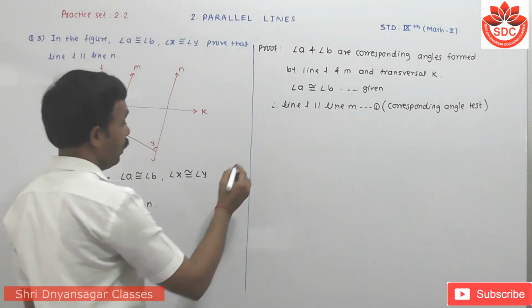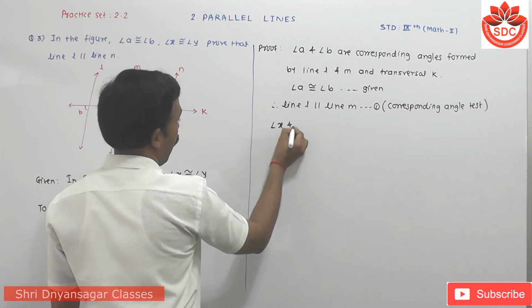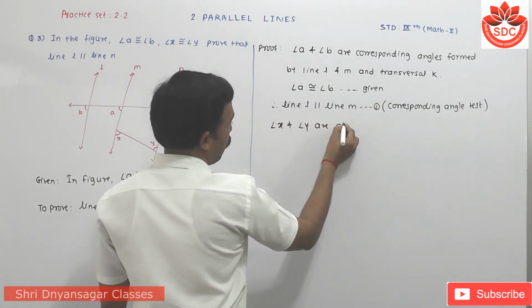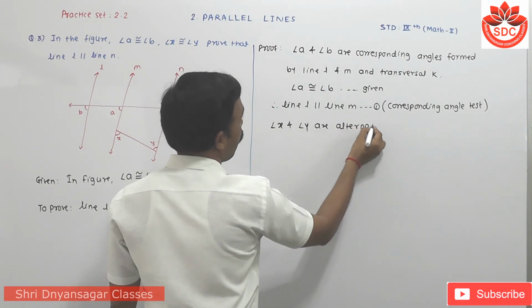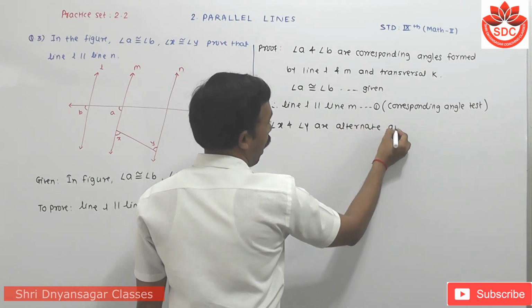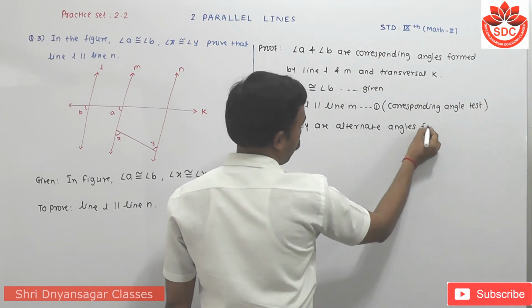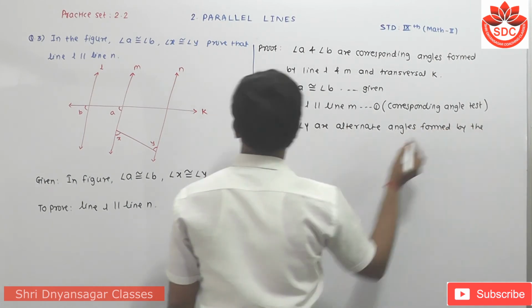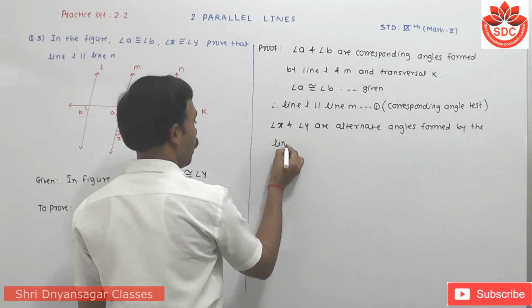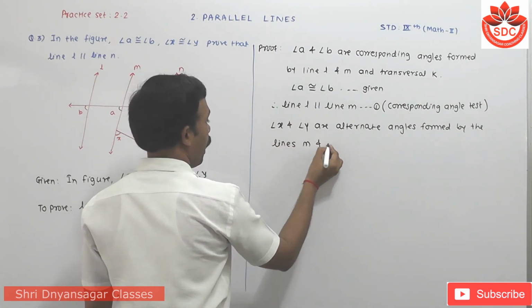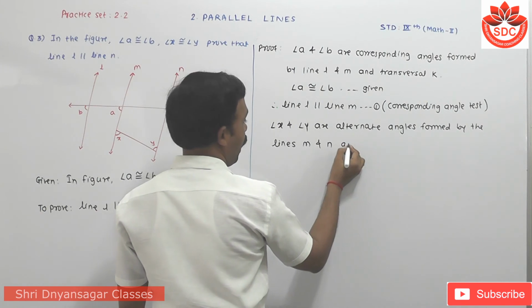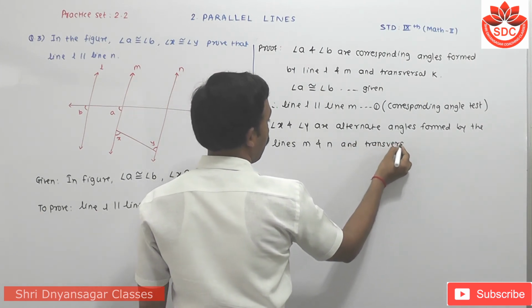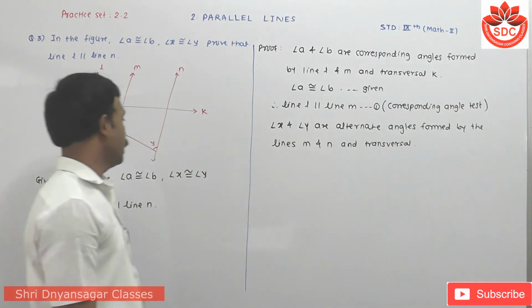Now I have to write here: angle X and angle Y are alternate angles for lines M and N and this transversal.